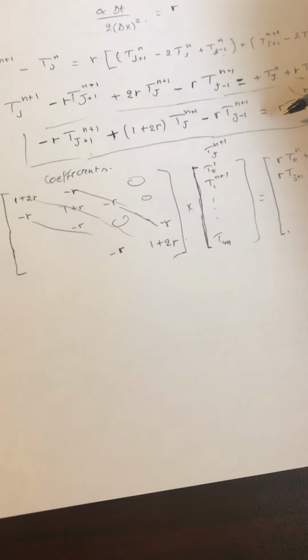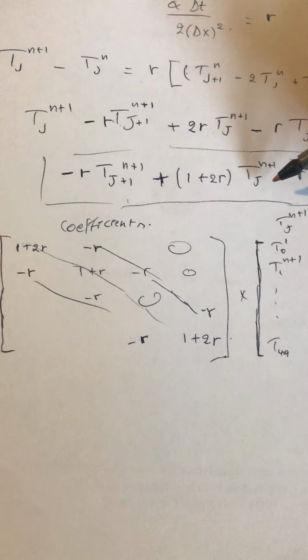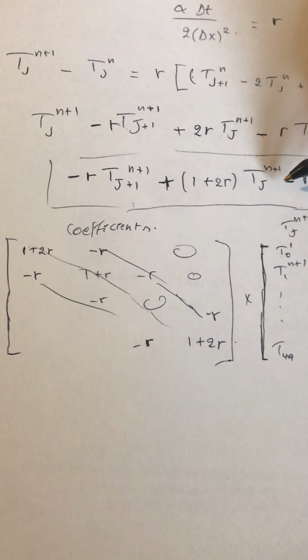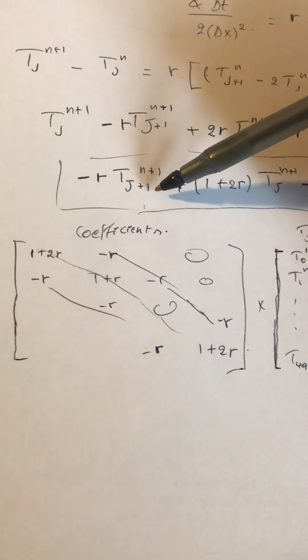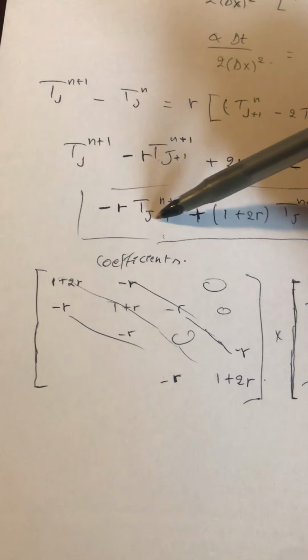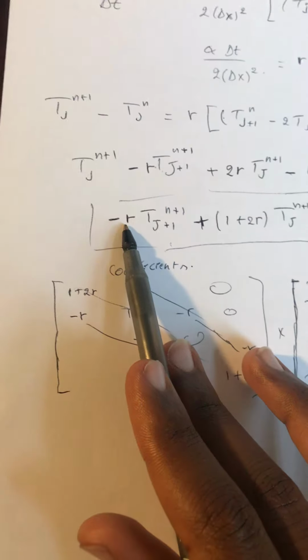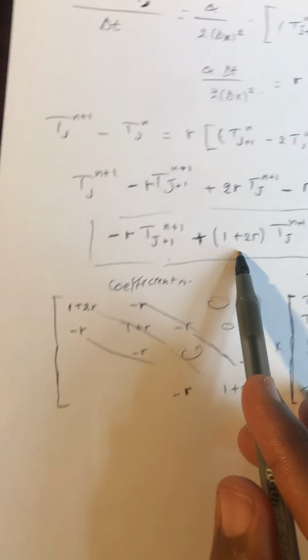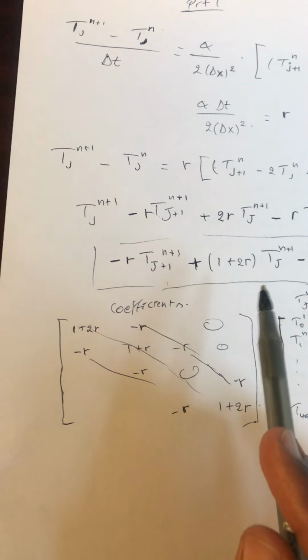So when we come and look at our equation over here, we see that what happens here is our T_j and our T_{j+1} are all the same. They're the same. So what will happen is this r is going to come and get added to this, which makes it 1 plus r.